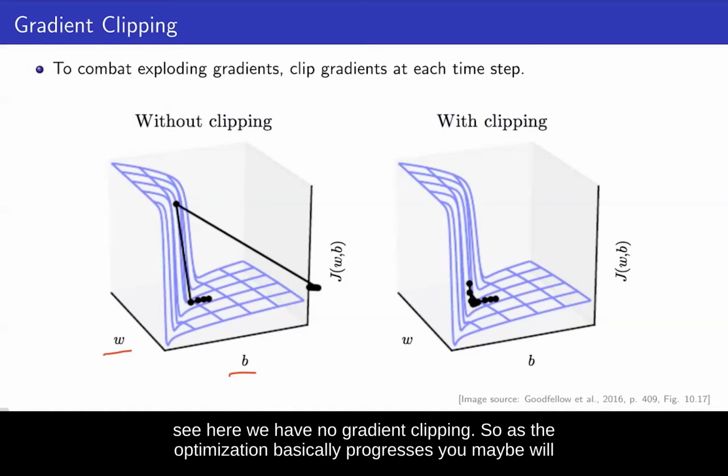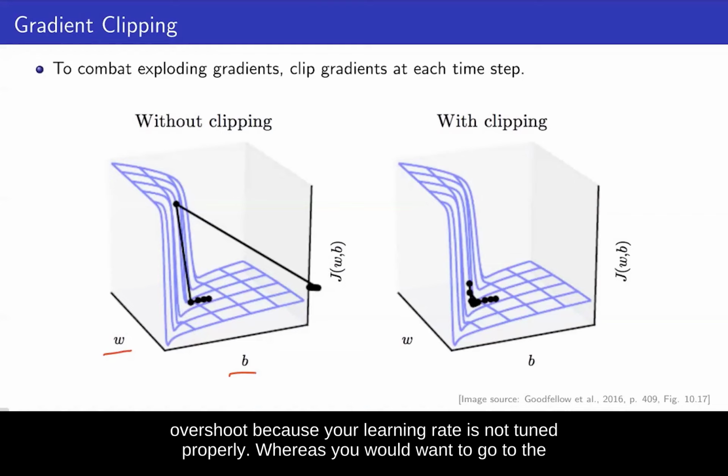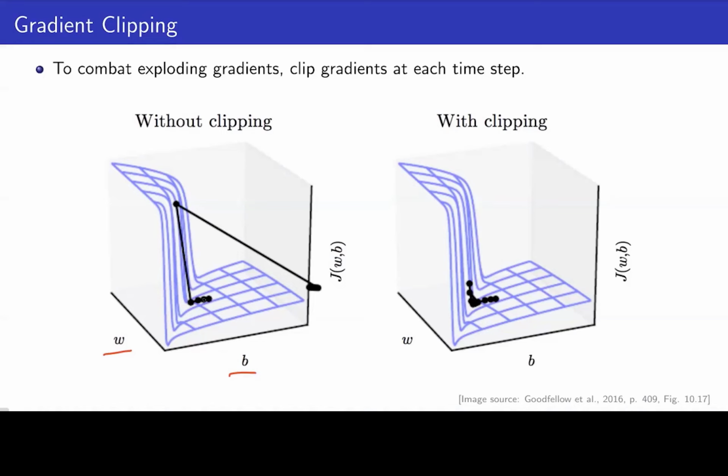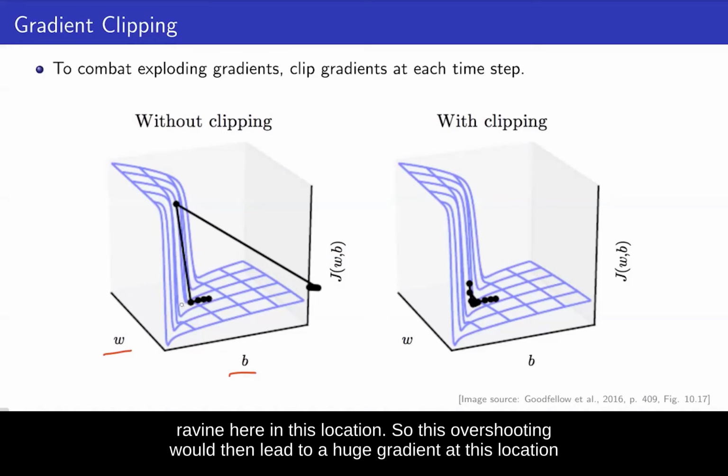However, on the left, you see we have no gradient clipping. So as the optimization progresses, you may overshoot because your learning rate is not tuned properly, whereas you would want to go to the ravine as in this location.